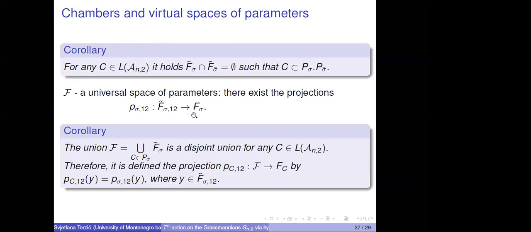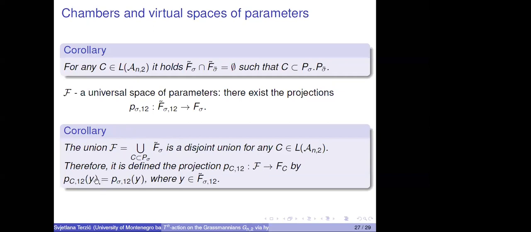We obtain the following corollary: when we fix a chamber, the union of all virtual spaces which correspond to this chamber is the whole universal space of parameters. So it follows that a projection is defined from the universal space of parameters to the space of parameters of any chamber, in this way.